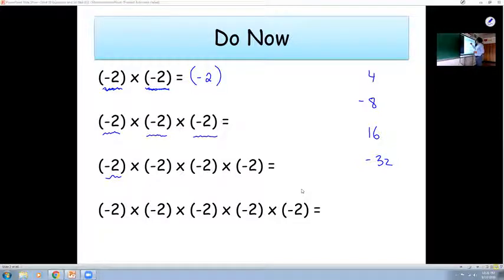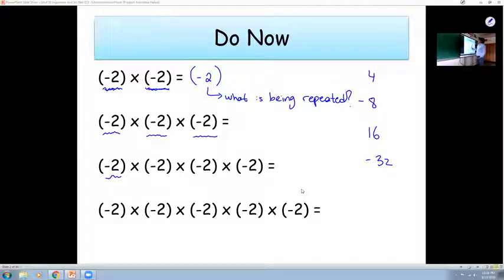So I will write in here what is being repeated. What is being repeated here? -2 is the number being repeated.